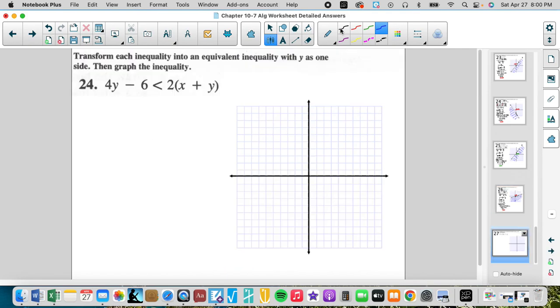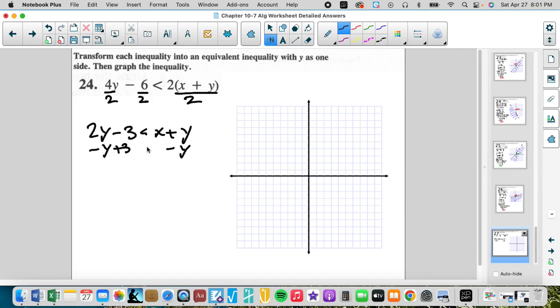Last one. We can divide everything by 2 because they're multiples of 2. So that gives us 2y minus 3 is less than x plus y. Let's minus the y to the other side.